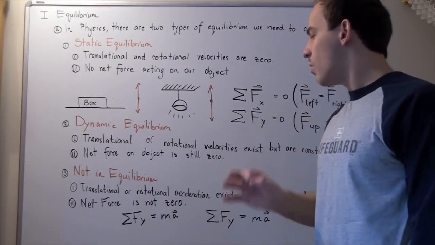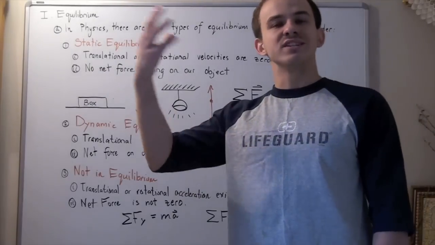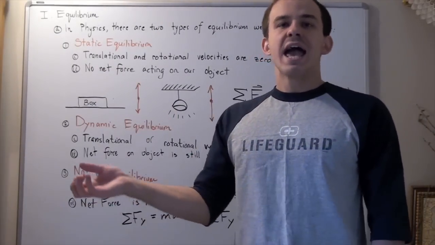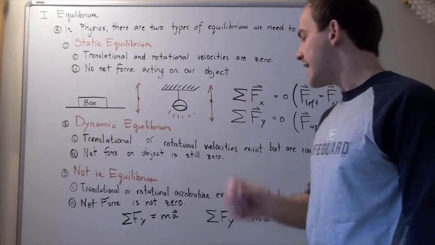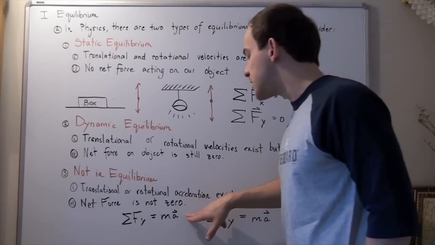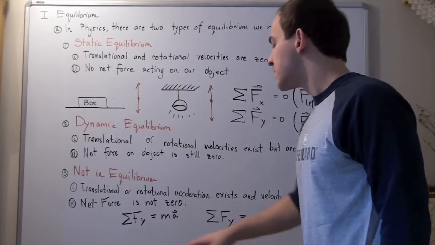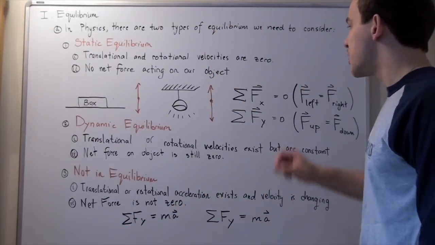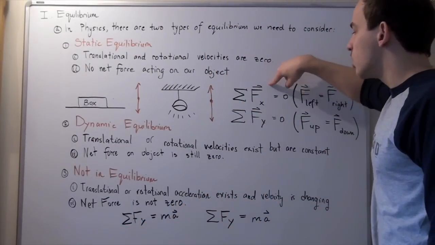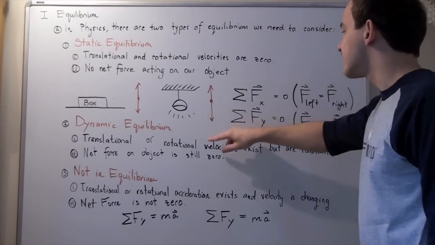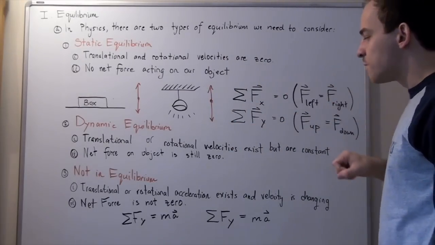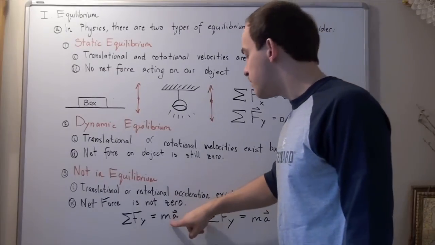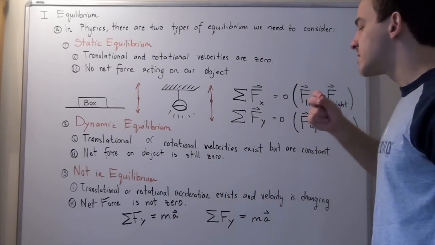And that's exactly why our object begins to accelerate in some direction and our velocity begins to change. So that means we can use our second law of motion to write the following two equations. Now our forces along the x-axis and y-axis are no longer zero. And that means our object of mass m must have some acceleration.